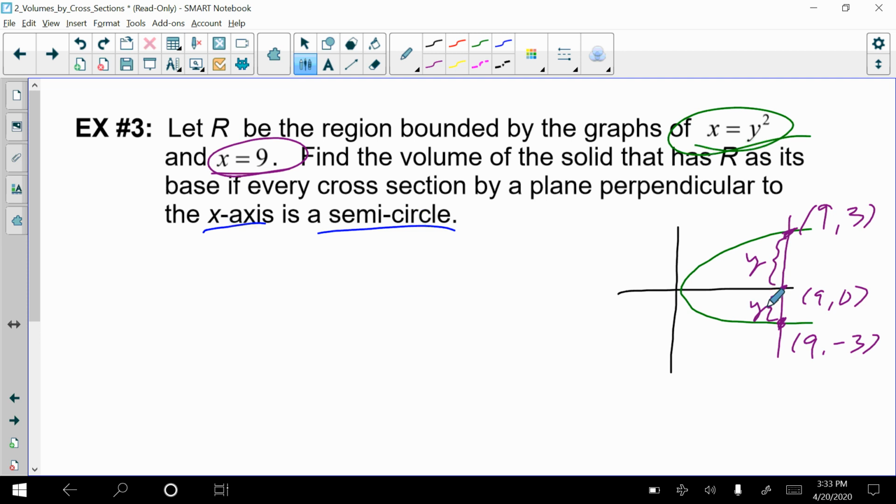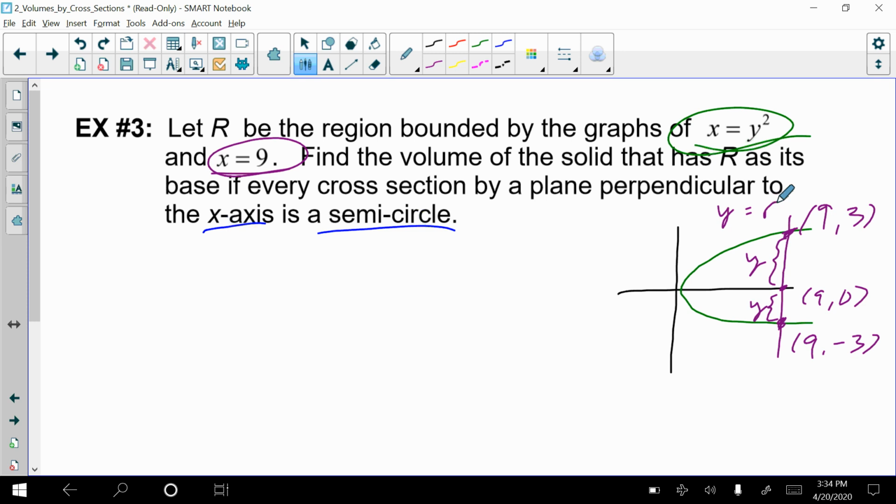So in this case, we're going to look at y equal to r. Or I'm sorry, I don't want a capital R here. I want a lowercase r because we're going to be talking about the radius. In this case, we want to solve the equation in terms of y.